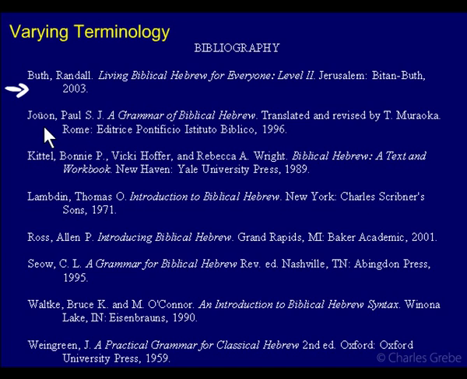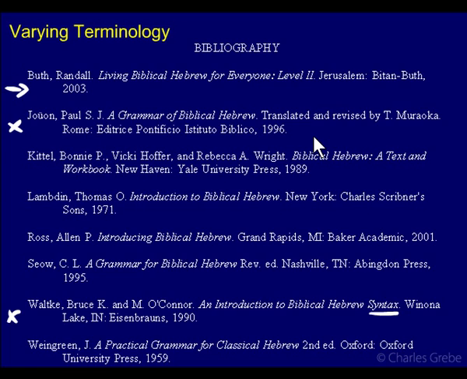Then we have Joüon. This is the one, Paul Joüon, revised and translated by Muraoka, Joüon-Muraoka, 1996. This one is an advanced grammar, and Waltke O'Connor is also an advanced grammar. Waltke O'Connor focuses more on syntax, and Joüon-Muraoka goes through the whole gamut, right from phonetics right up to syntax.